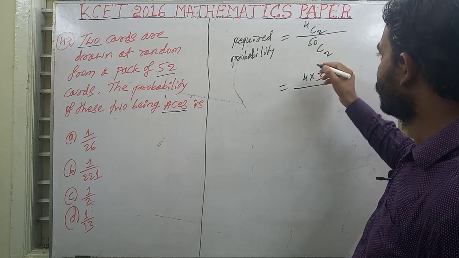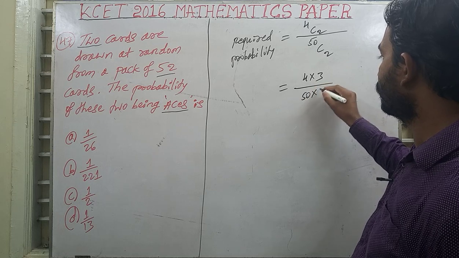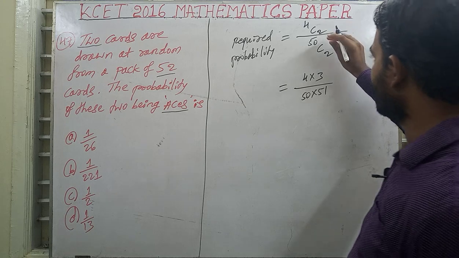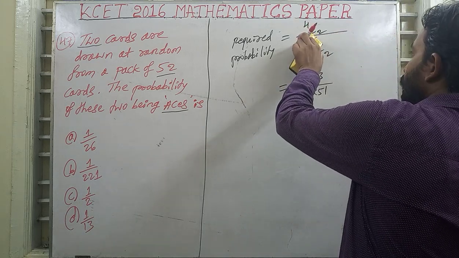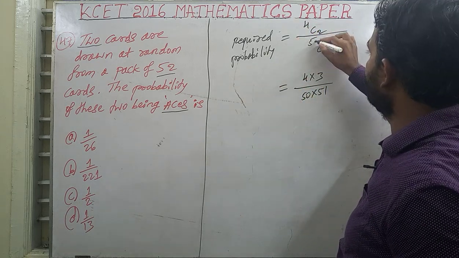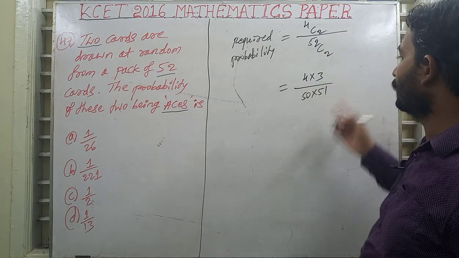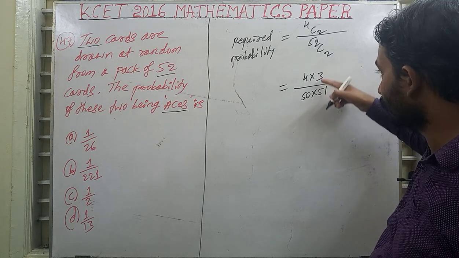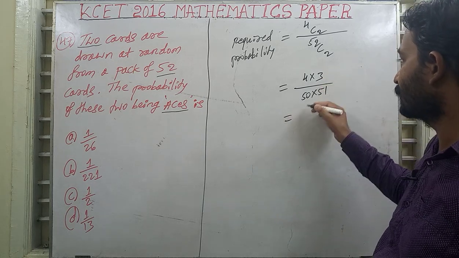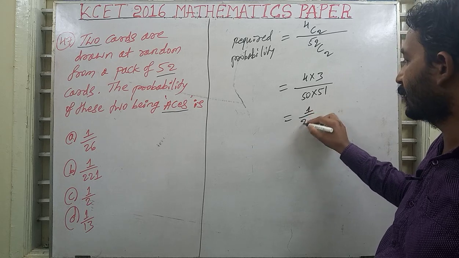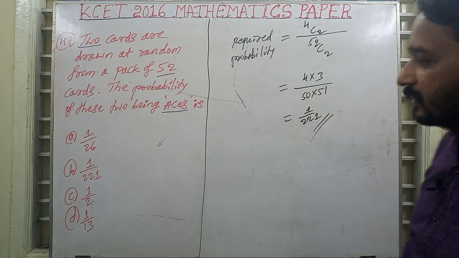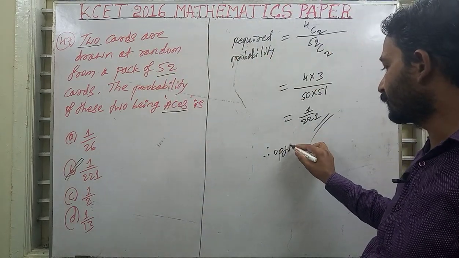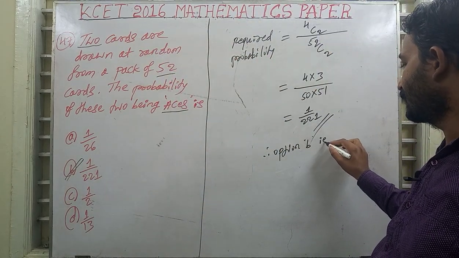So the answer becomes 1 divided by 221. Good answer, option B is correct.